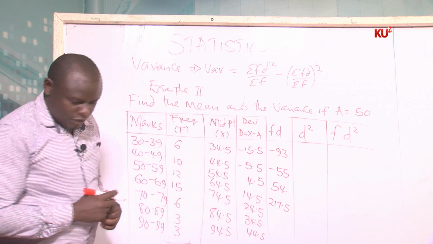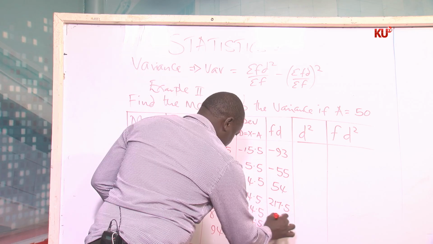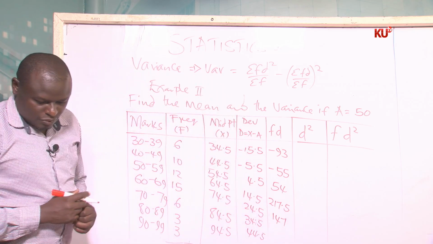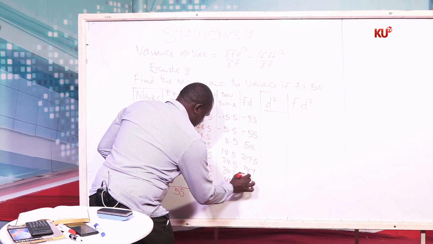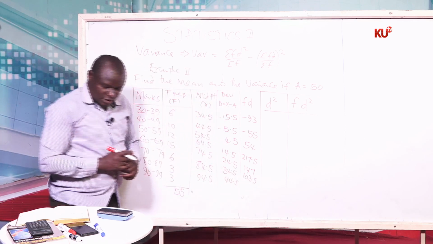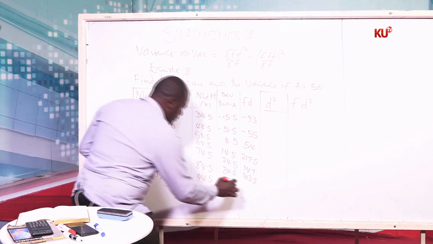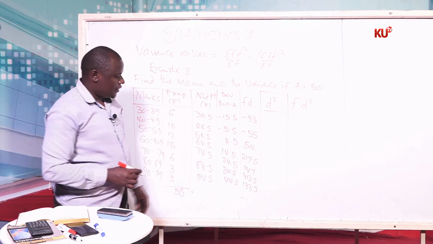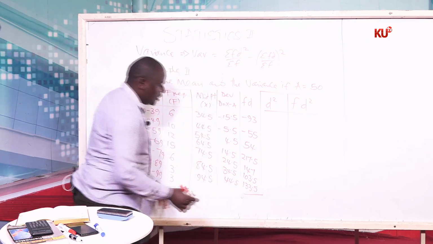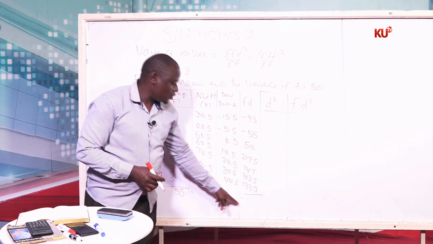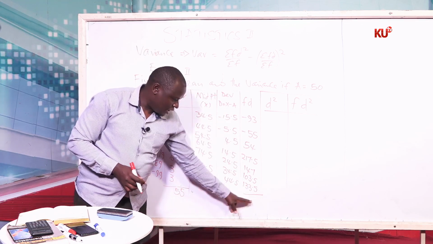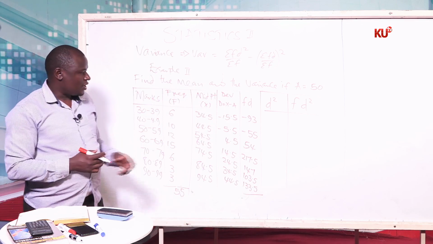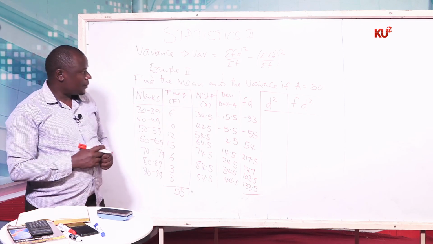The other one is 147. The other one is 103.5. And lastly, we have 133.5. Those are FD. And therefore, at the end of the day, down here we shall have the summation, sum of FD. I need you to calculate that so that we can use it up here.